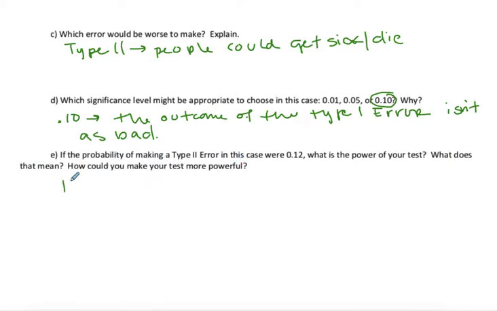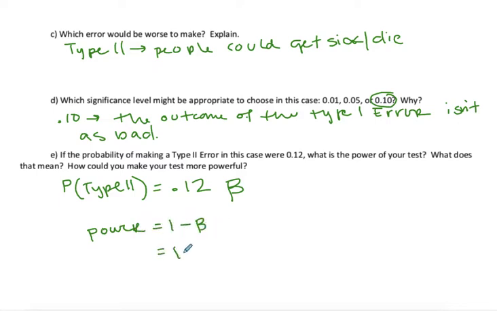All right, so if they're telling us the probability of a type 2 error is equal to 0.12, okay, so they're telling us this is the beta here. So if we wanted to find power, power is going to be 1 minus that beta. So we'll do 1 minus 0.12, which then gets us this 0.88.